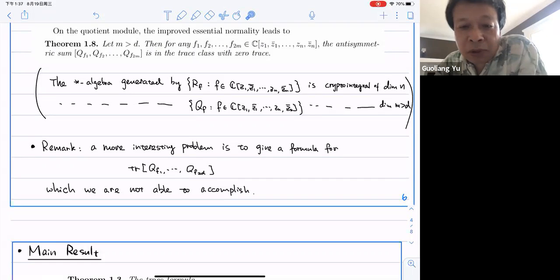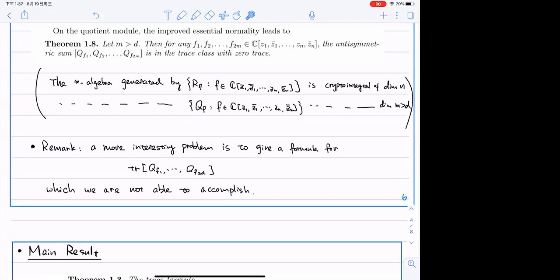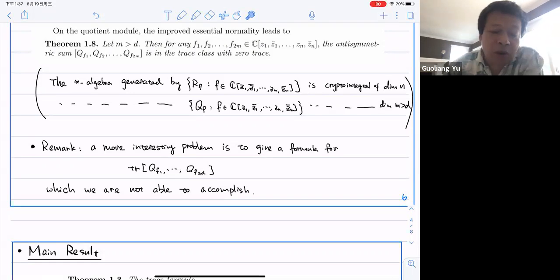Your formula, I think, is true on the nose. It's more than just true at the cohomological level. It gives more information than a formula given by computing the Chern character.